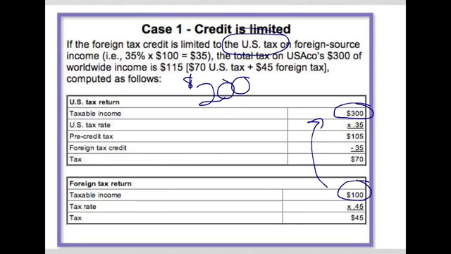The total tax on all of its worldwide income, as you can see, is $105. Over in the foreign country, down here, on $100 of foreign source income, $45 is paid. And so this $45 will be the object of applying the credit, the foreign tax credit, to avoid double taxation.